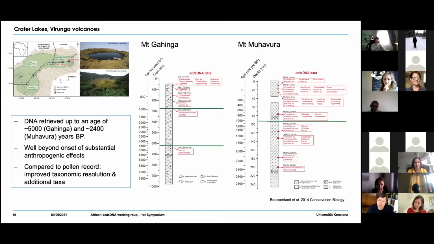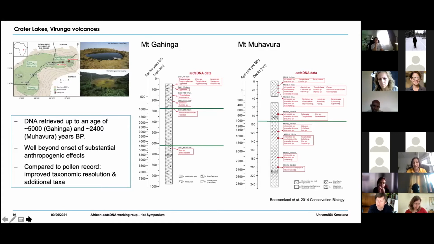And so this is definitely beyond a time scale of anthropogenic impact, substantial anthropogenic impact at least, and it definitely also gave some additional information. So in this paper, the stress was really on using this to provide pre-restoration targets and to look into this sedimentary ancient DNA to see what modern anthropogenic impacts would be like.